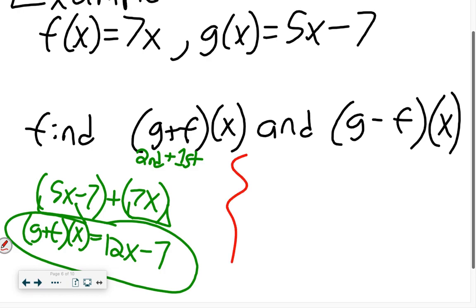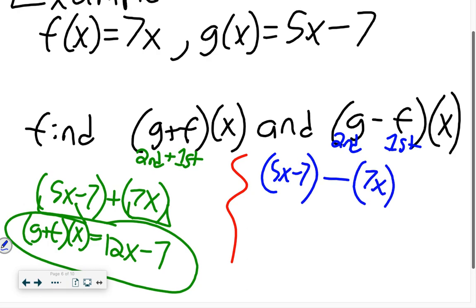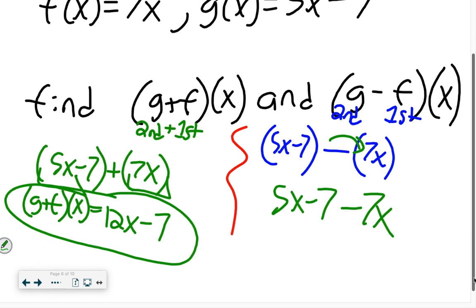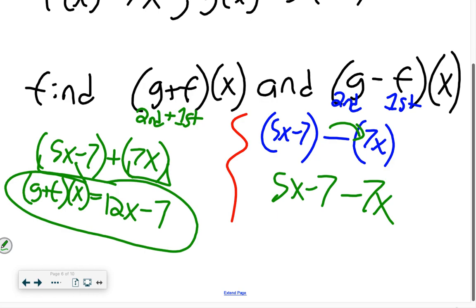Let's do this next one. So g of x, we have to write out the second and first. So the second function, you have 5x minus 7 minus f, which is 7x. This is, again, where you have to distribute the negative. So you get 5x minus 7 minus 7x. Well, I could include parentheses, and there should be a plus there.